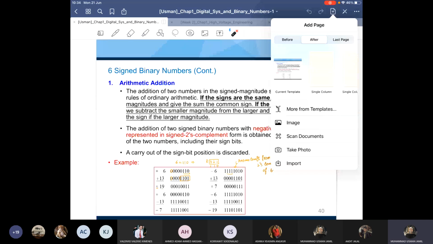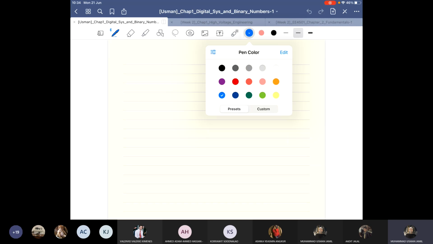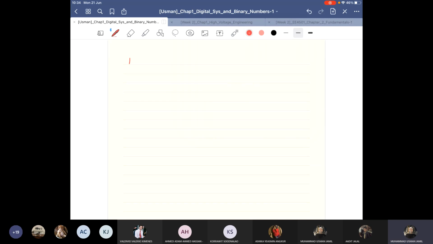I can make a new page and do it here. Let's take an example. We have the number plus 6 and negative 13, and when we sum them up we get our answer, negative 7.